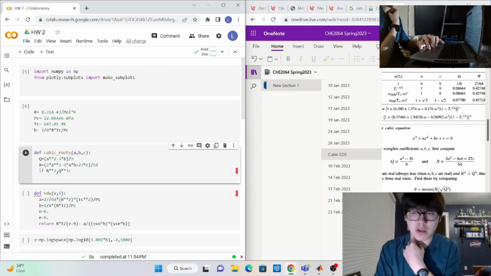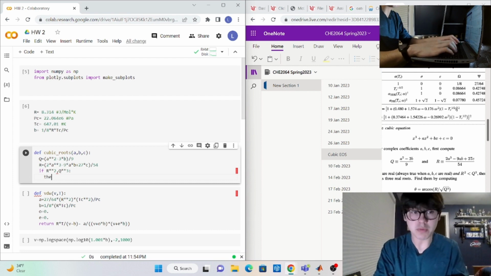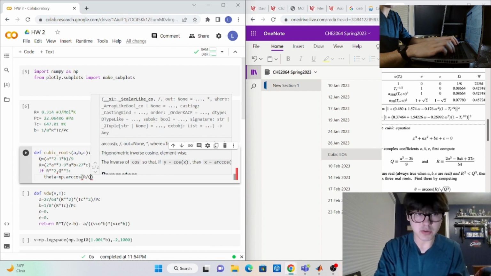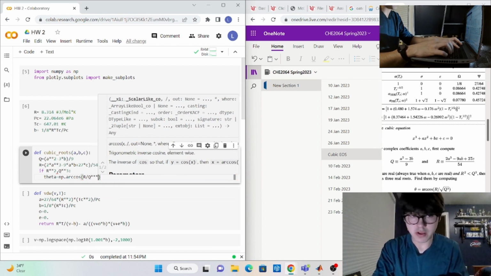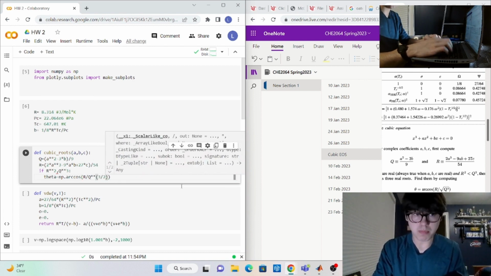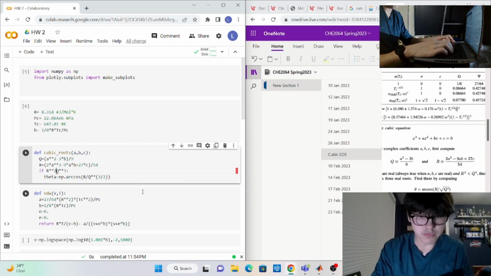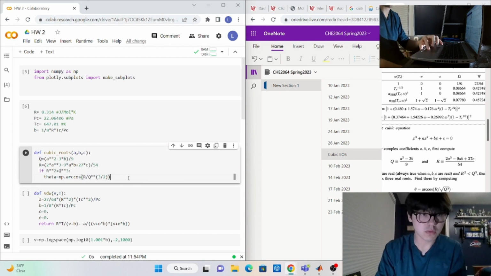colon there, so theta will be equal to np dot arccos of r divided by q to the 3 halves power.